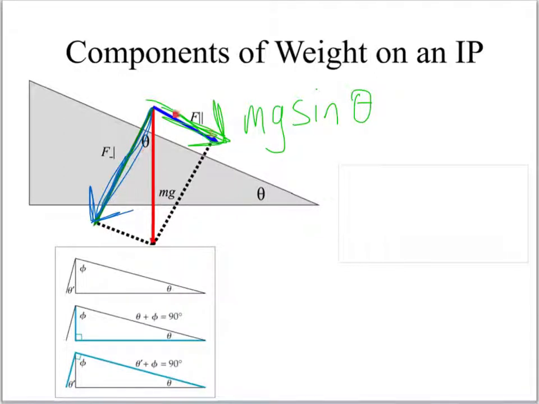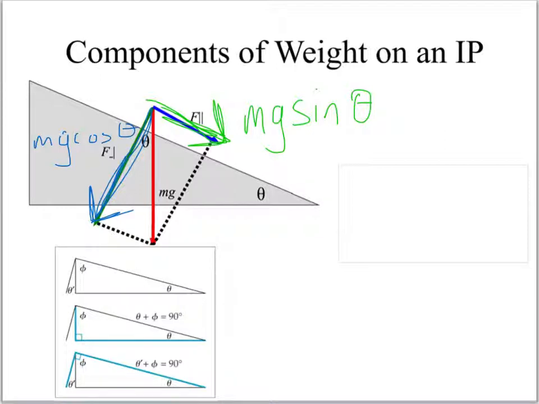So this one here winds up being kind of like the opposite of the hypotenuse, and the blue one, the force perpendicular, winds up being adjacent to that same angle theta right there. So that winds up being mg cosine theta. My drawing isn't very good today.